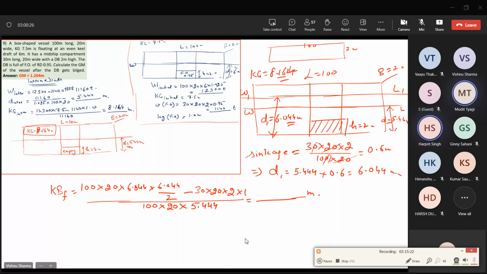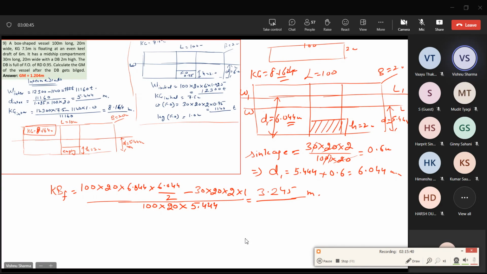So 3.245. Is that correct, beta? Yes, sir. 3.245. Okay, fine. So that is the KB of the vessel after bilging.